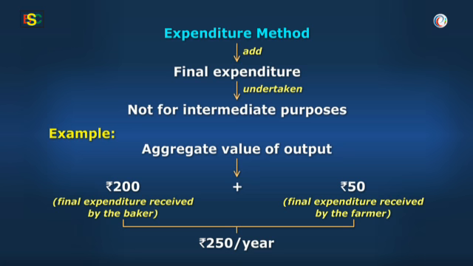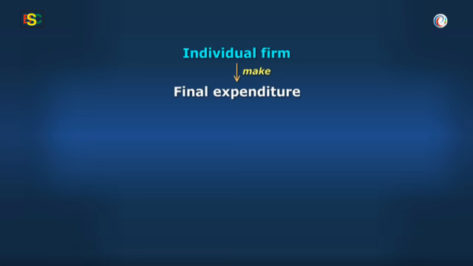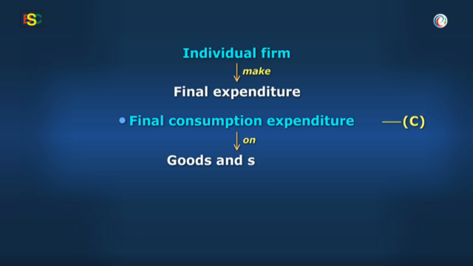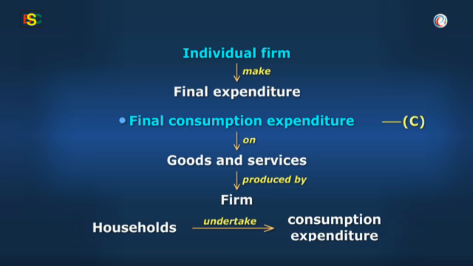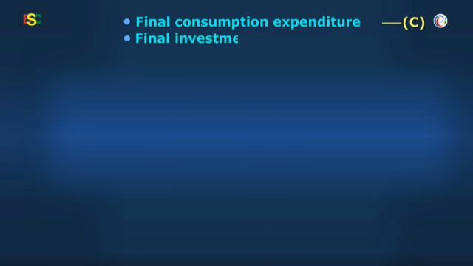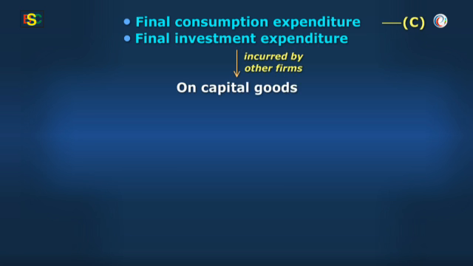Okay, now see, an individual firm can make the final expenditure on the following accounts. The final consumption expenditure on the goods and services produced by the firm. We may note that mostly it is the households which undertake consumption expenditure, say C. The final investment expenditure incurred by other firms on the capital goods produced by the firm.